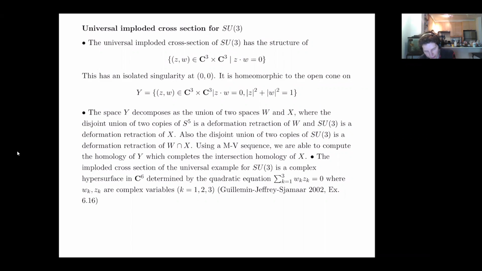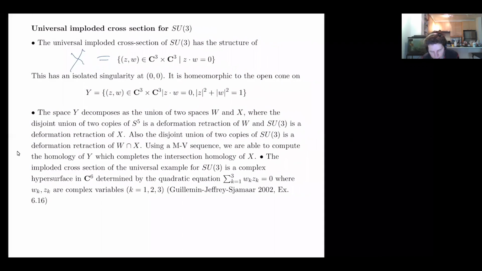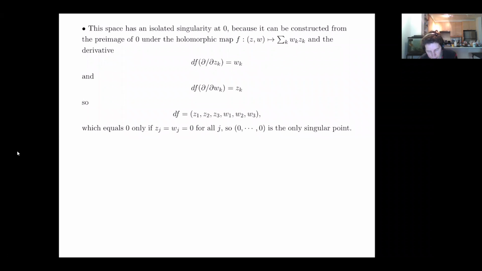And I will describe how you use this, using my retraction sequence, to compute the homology of this space Y, and that enables you to compute the intersection cohomology of the original space X. So this space, the SU3 space, has an isolated singularity at 0.